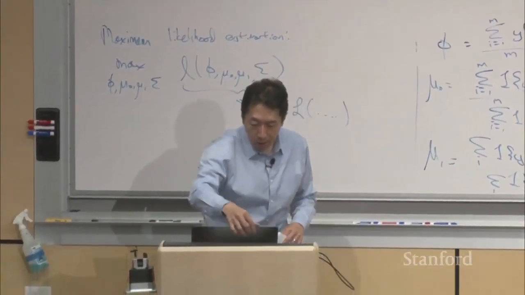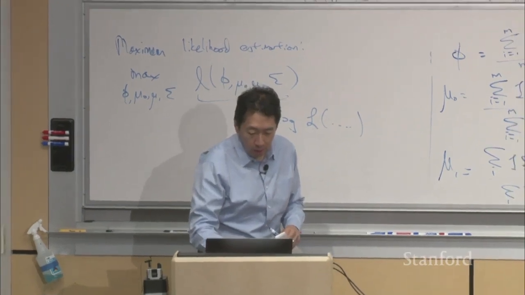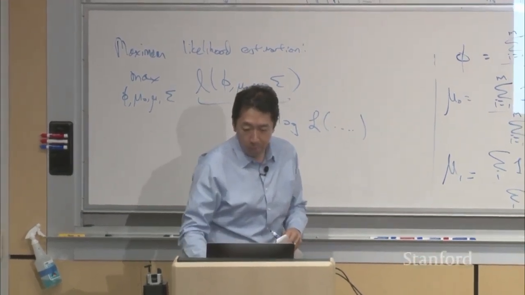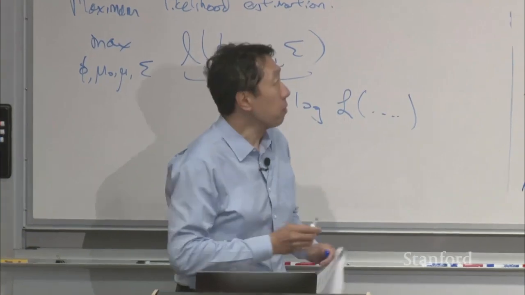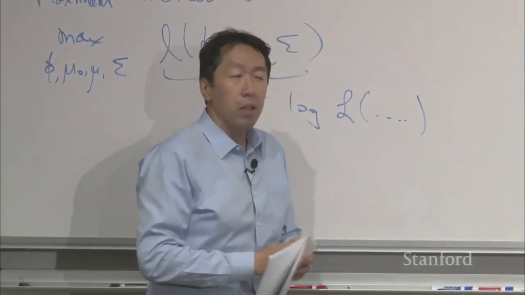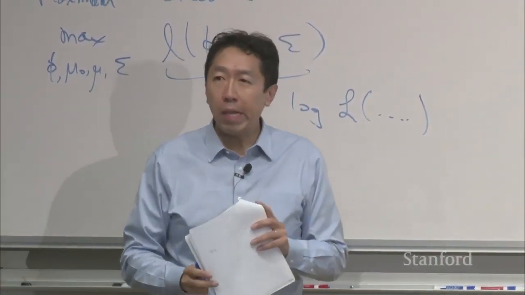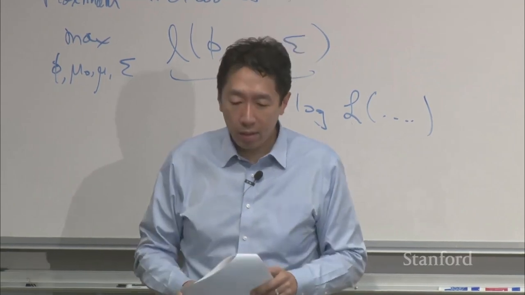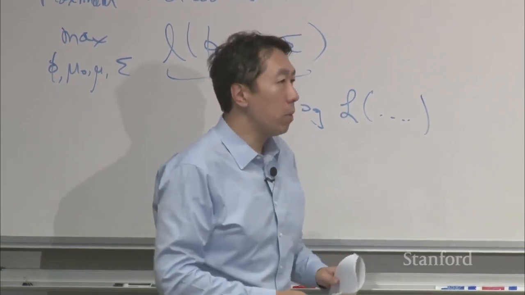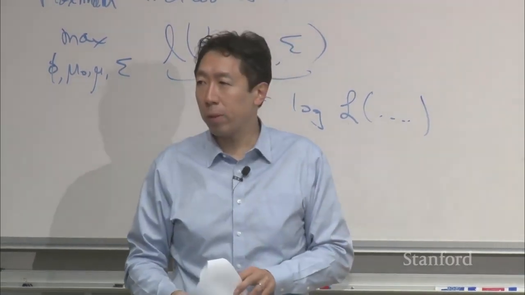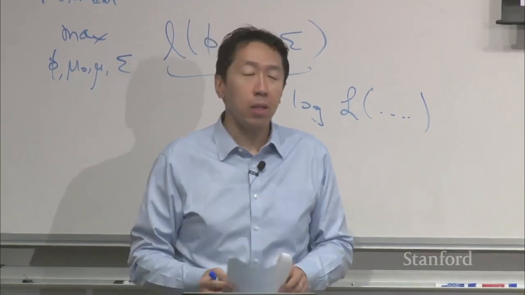So let's examine what the algorithm is doing. Let's look at the same data set and compare and contrast what a discriminative learning algorithm versus a generative learning algorithm will do on this data set.